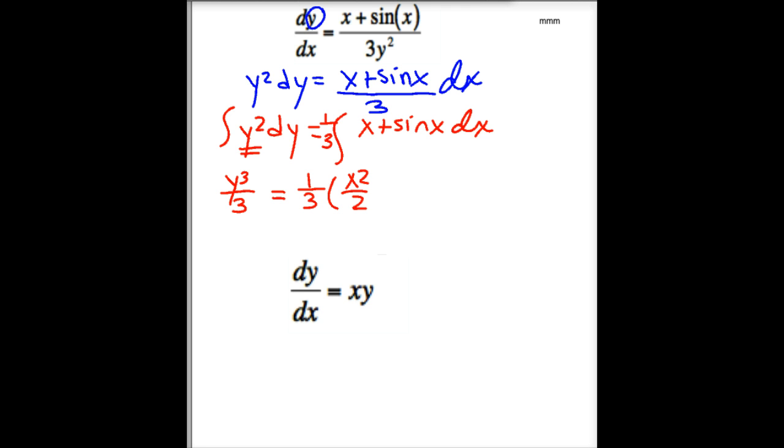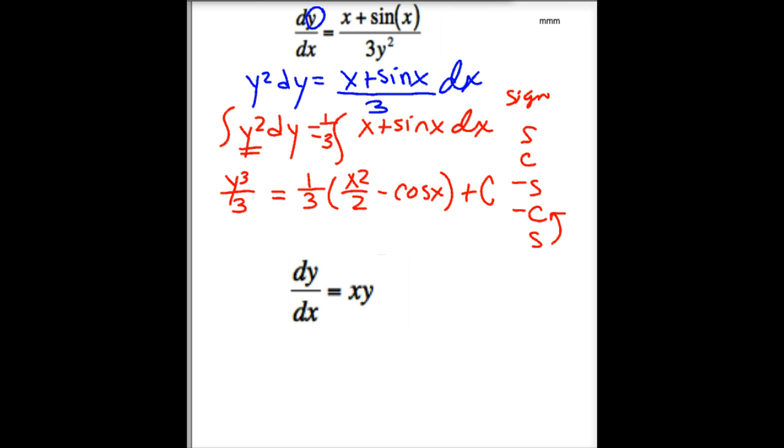And then I also have over here the antiderivative of sine. And again, one sign error, like S-I-G-N, will throw you off. So make sure you get that the antiderivative of sine is negative cosine. So I'm at minus cosine x. And again, I have some constant that's hanging along as well.